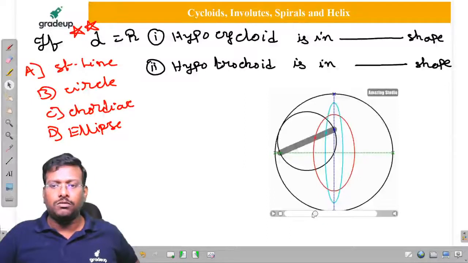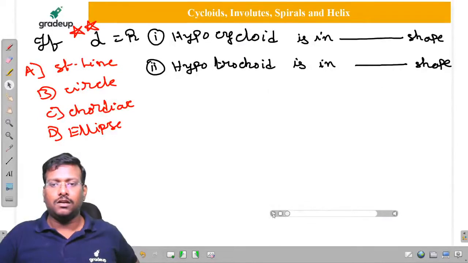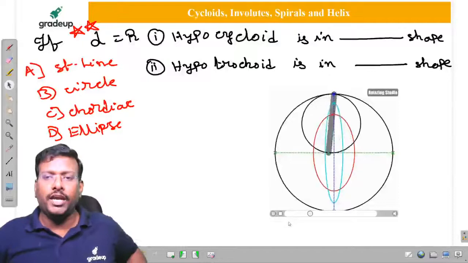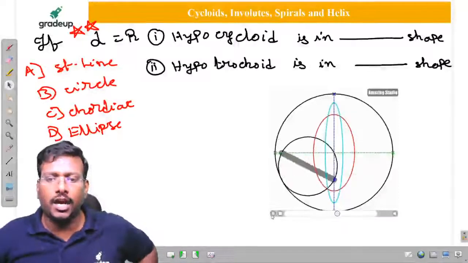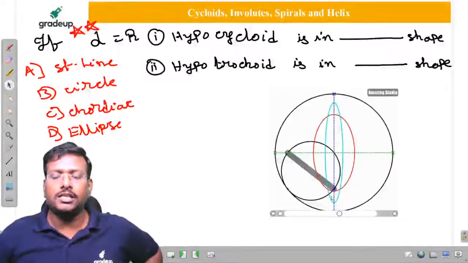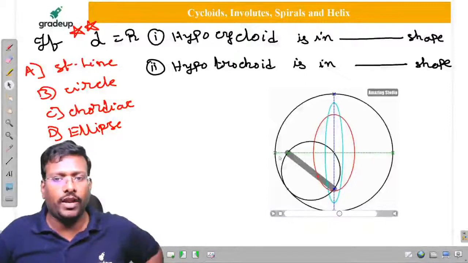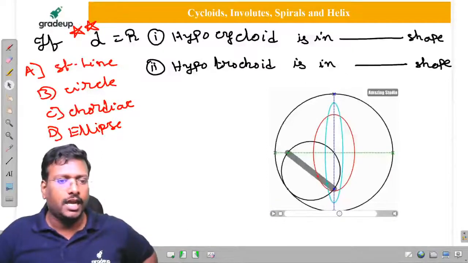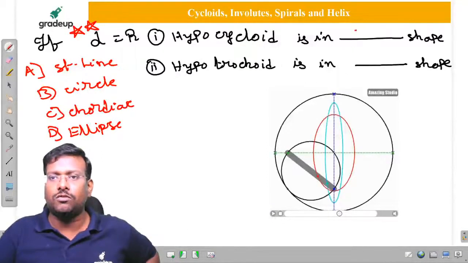All of you observe. So here the blue and green points are on the circumference of the circle. Whenever it rolls, it generates a straight line. Therefore, the first one is a straight line.